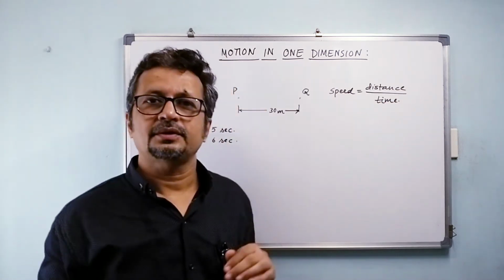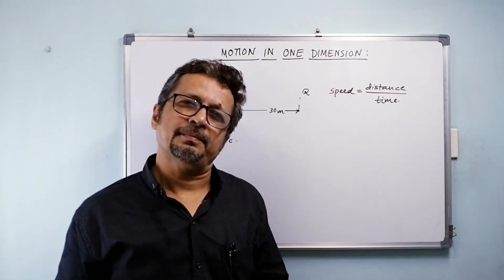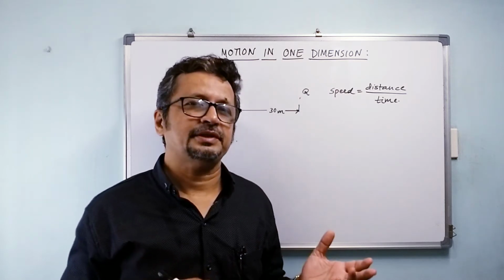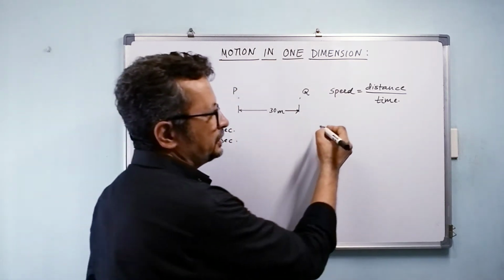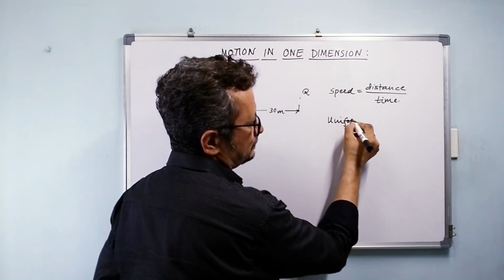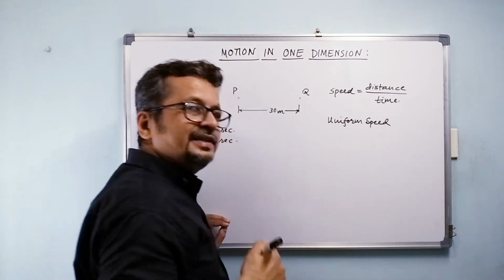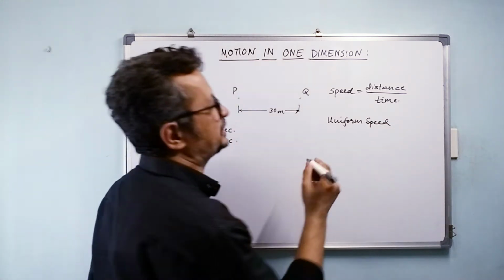Now when we say speed, there are different types of speed. To start with, it would be uniform speed, then second would be non-uniform or variable speed.